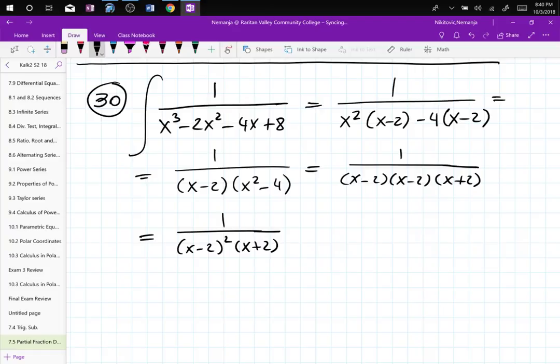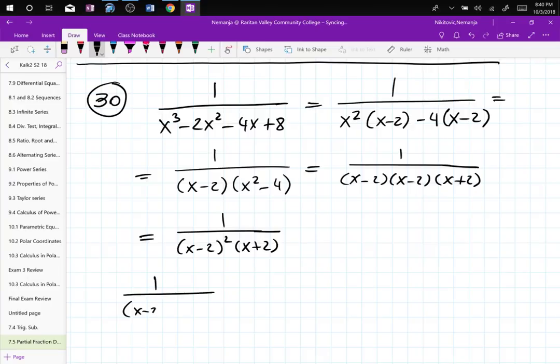By the way, this had the integral and then dx, so there's some work to be done there later. Now we have this. So I'm supposed to do partial fraction decomposition. Okay, let's take care of that.